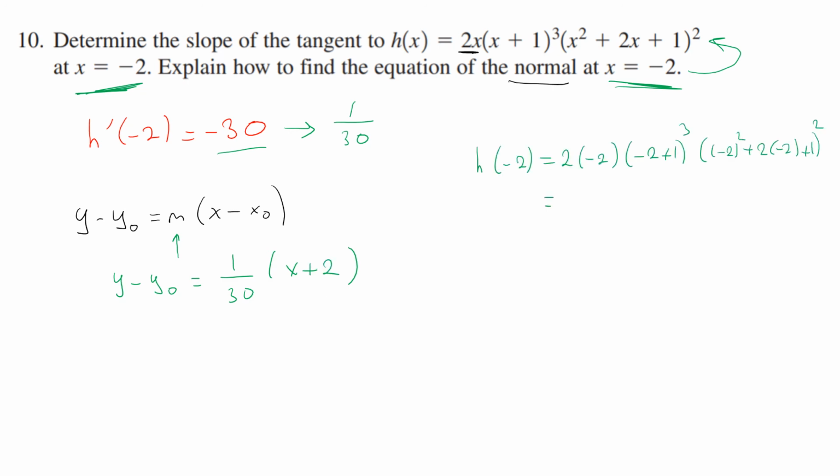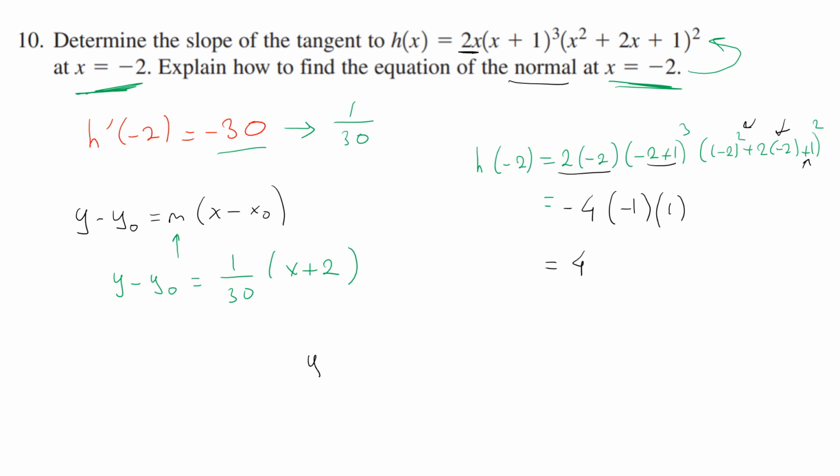So when I do that, I'm left with -4 over here times -1 to the power of 3, which is just -1, and in the brackets I have -4, plus 4, -4, which is 0, and then I'm left with 1, so it's just 1. So -4 times -1 gives you 4.